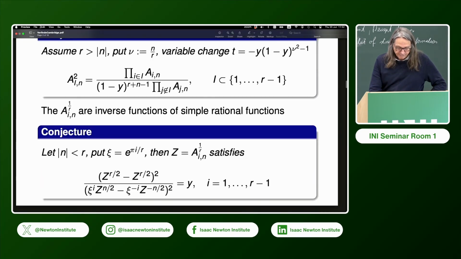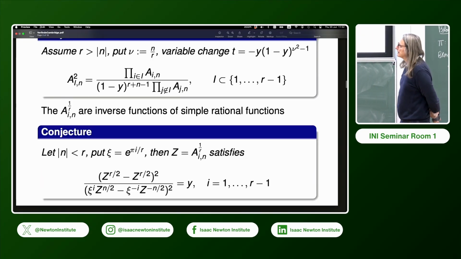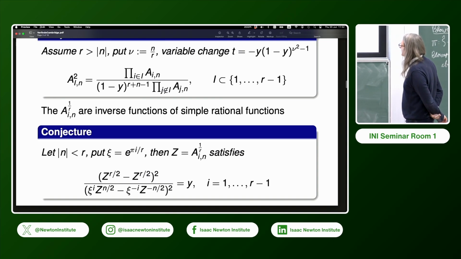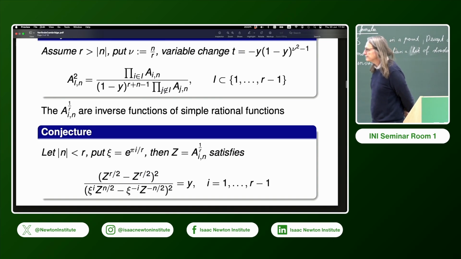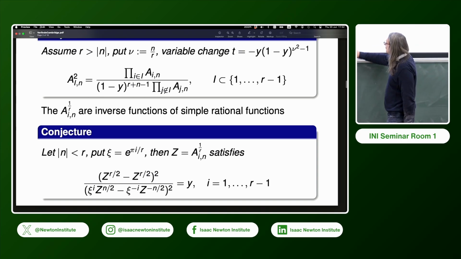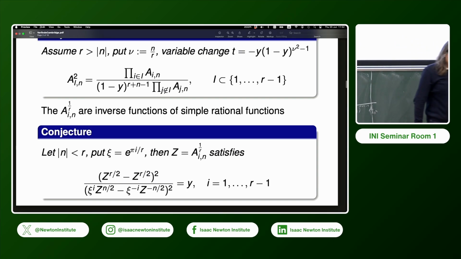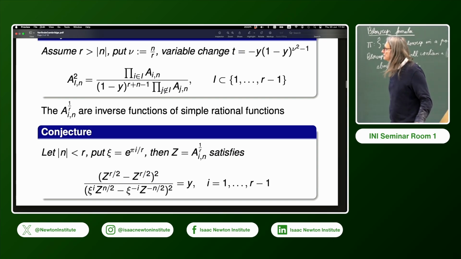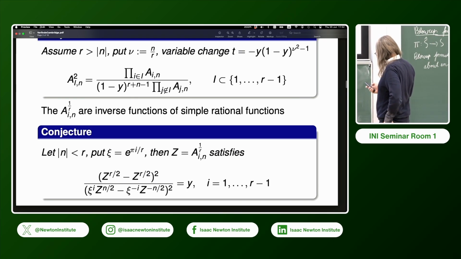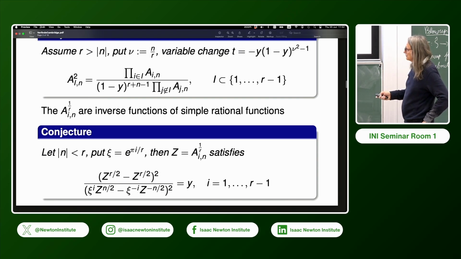Namely, we find that these AI, if I take the rth root of the AI, these are incredibly simple. Namely, they are just the inverse functions of some very simple rational function. So the rth root of AI is just the inverse function of this rational function.